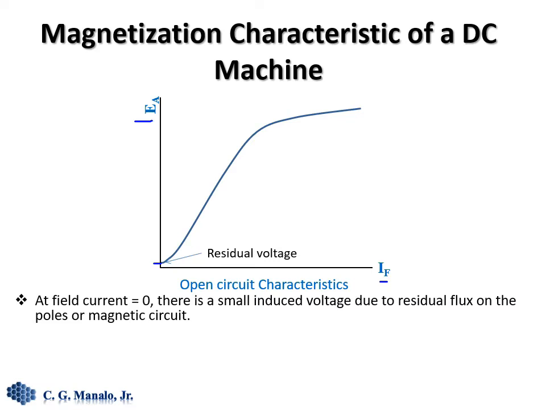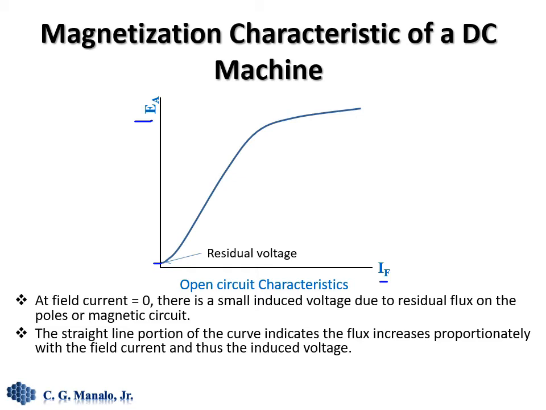This is usually between 0 and 10 volts, depending on how much residual flux is left on the magnetic poles and the rotation speed of the machine.